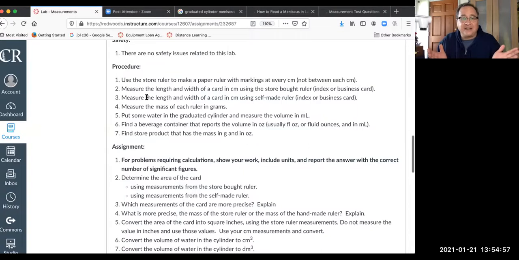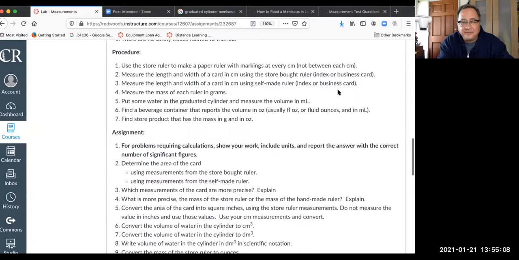There's no data to collect. Number two, is there any data to collect? Yes or no? And the answer is, yeah, we're going to measure the length and the width.